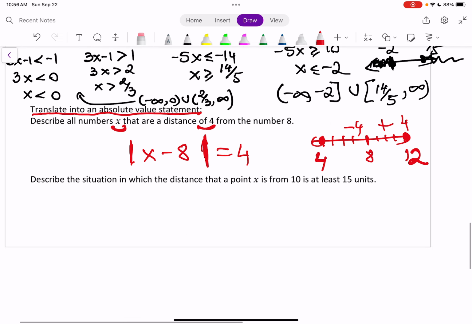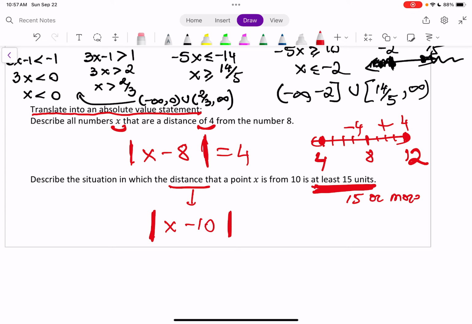So start again with this. The distance is at least 15 units. So the distance means absolute values, that a point is from 10. So the distance from 10, so the difference from that number to 10 is at least 15 units. At least means 15 or more.